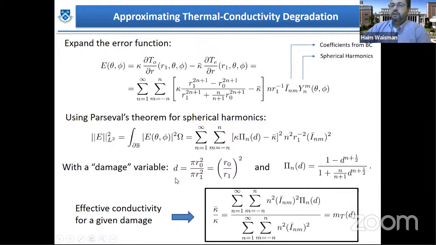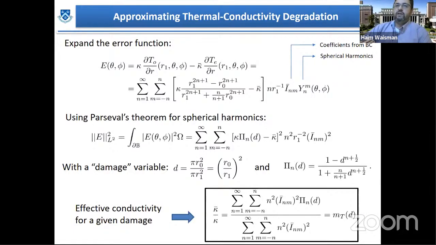This will be our damage. And then finally, we end up analytically with the following term, which is the relation between kappa bar, the homogenized solution, and the kappa of the original problem. This essentially defines a new degradation function that is now based on D, the damage.